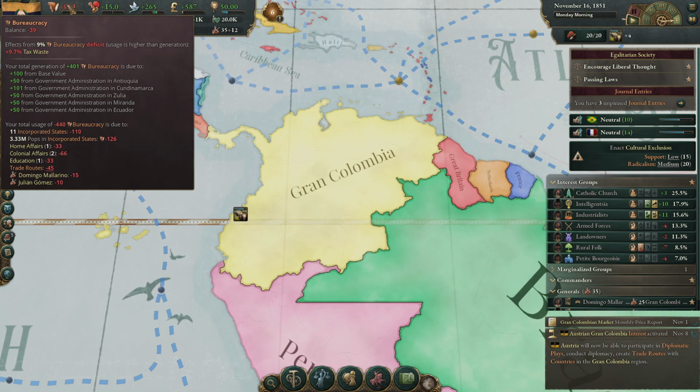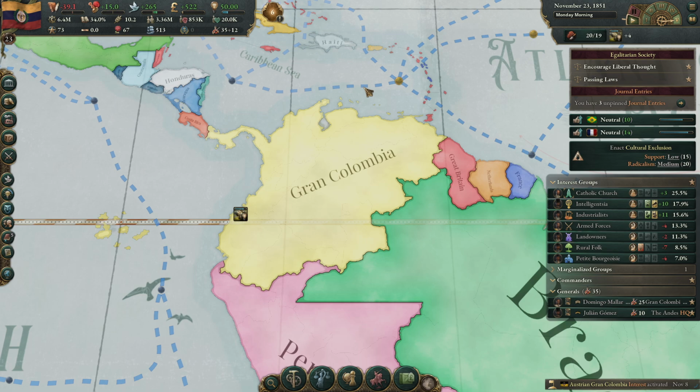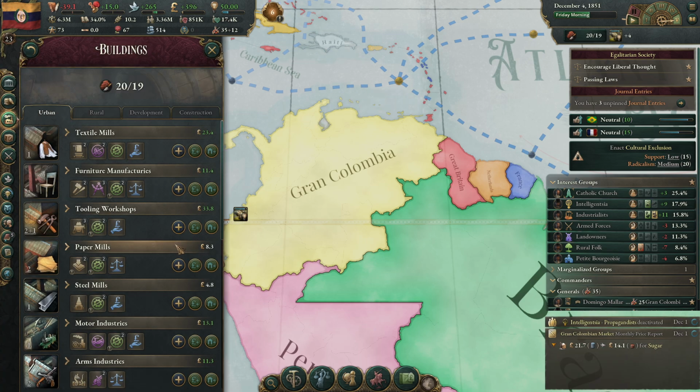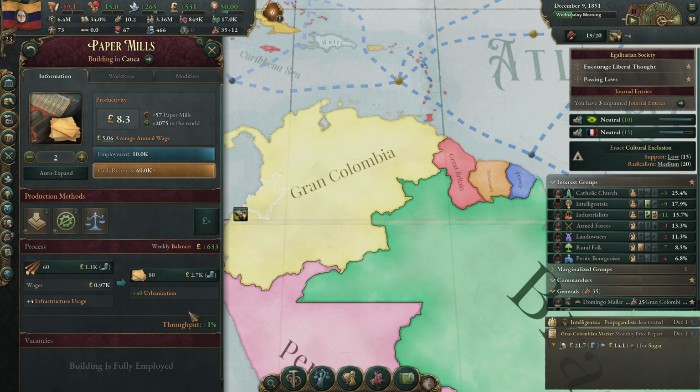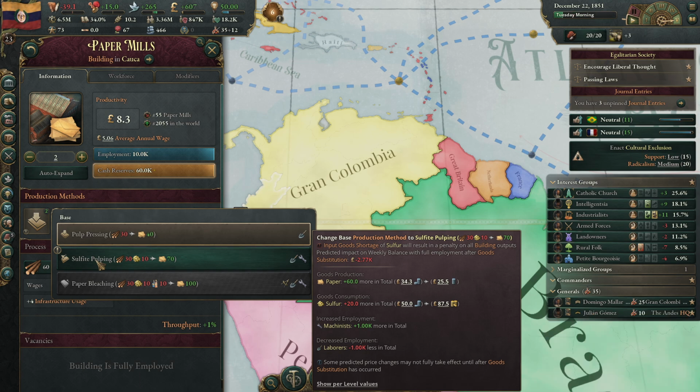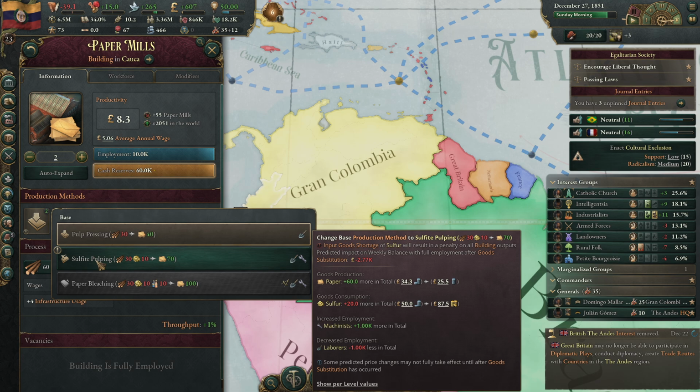Which am I losing? 9.7%. Well, the central archives is gonna boost things up, but then I need more paper. I absolutely need more paper, and we can do this easily with sulfur. We need 40 sulfur.